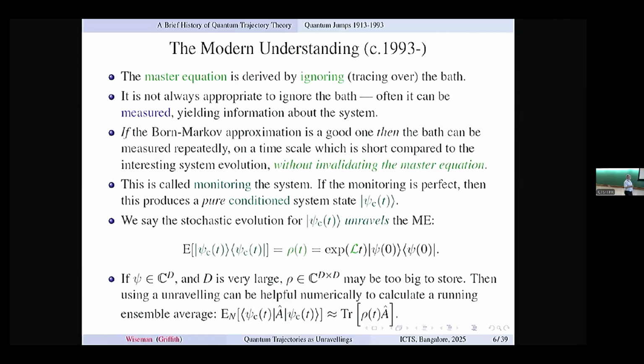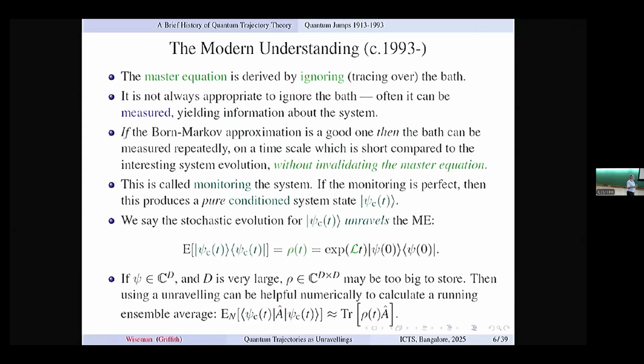And so if d is very large, then rho might actually just be too big to store on a computer, especially the sort of computers that existed in 1993, or at least that physicists could afford to buy in 1993. But the state vector may not be too big to store. And that means that it's actually useful to consider an unraveling in order to calculate averages.